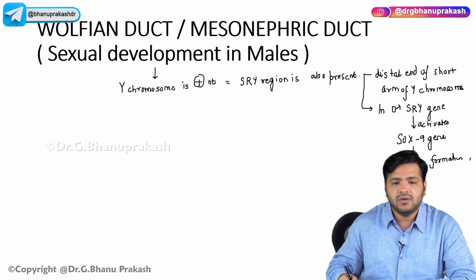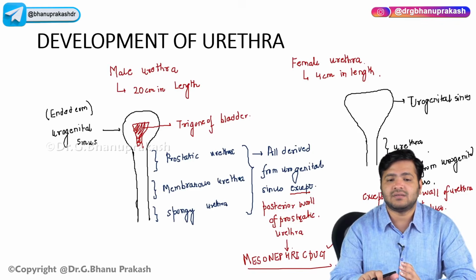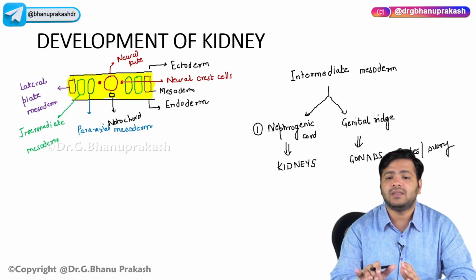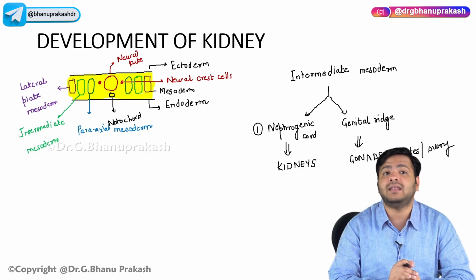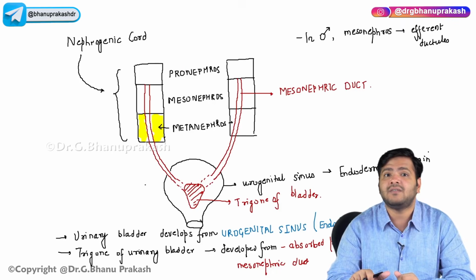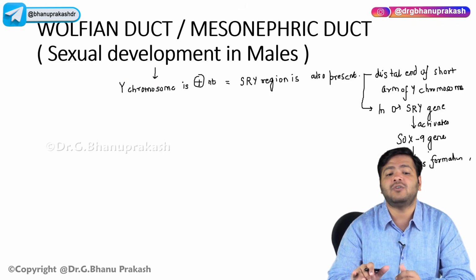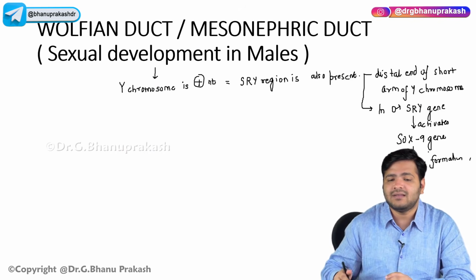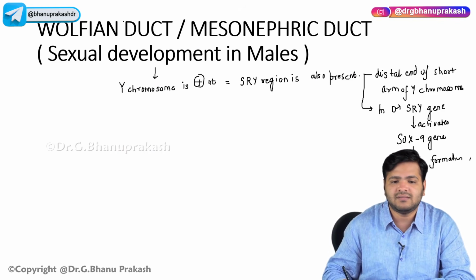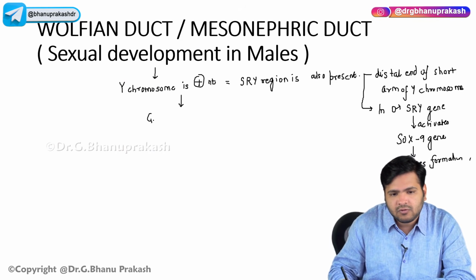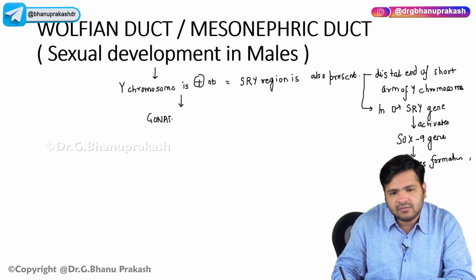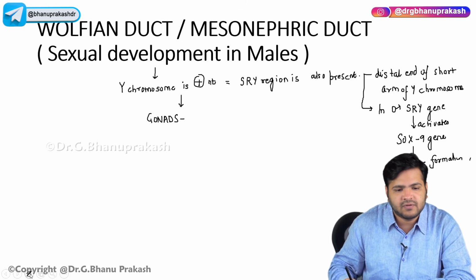Now you already know, we have earlier discussed in the starting that the intermediate mesoderm will give rise to two structures: the nephrogenic cord and the genital ridge. So if the SRY region is present, if the Y chromosome is there, the gonads over here will be testis only, right?